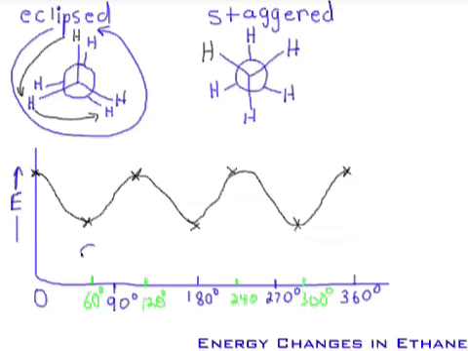So this staggered is this guy, where we've rotated the starting hydrogen, which is black, from the original one up here to this position. Rotating through to the next staggered position would give me this guy.